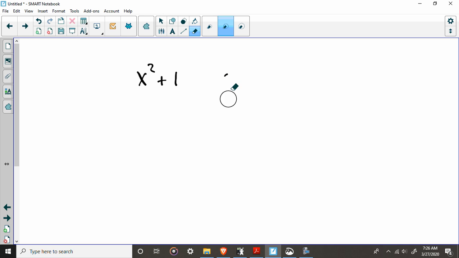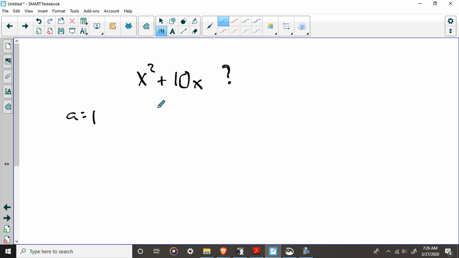Okay. The next question is, hey, what number would make this a perfect square? Okay? And when a is equal to 1, it's a pretty straightforward process, okay? All I need to do is take 10 divided by 2 and square the result, okay?